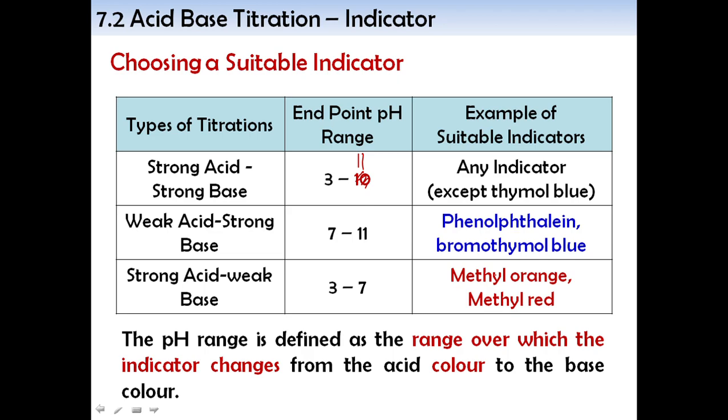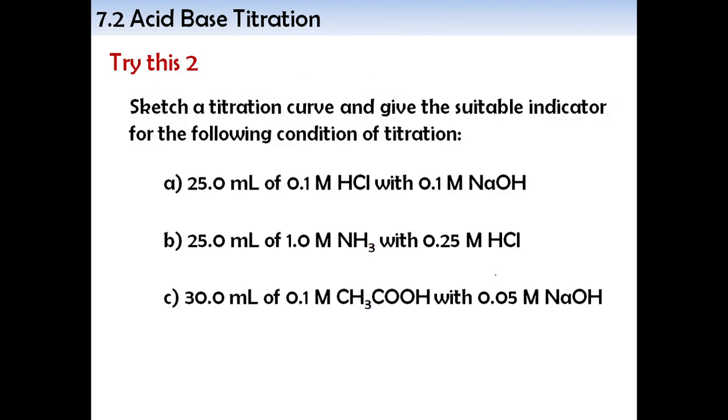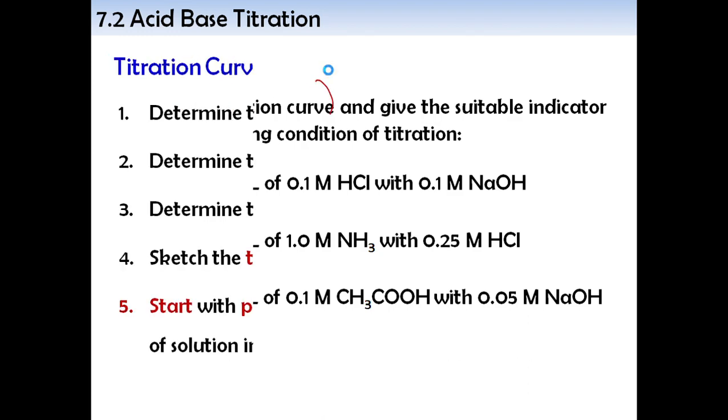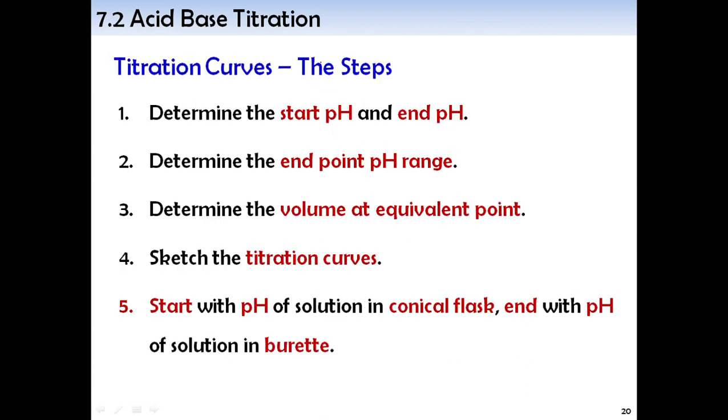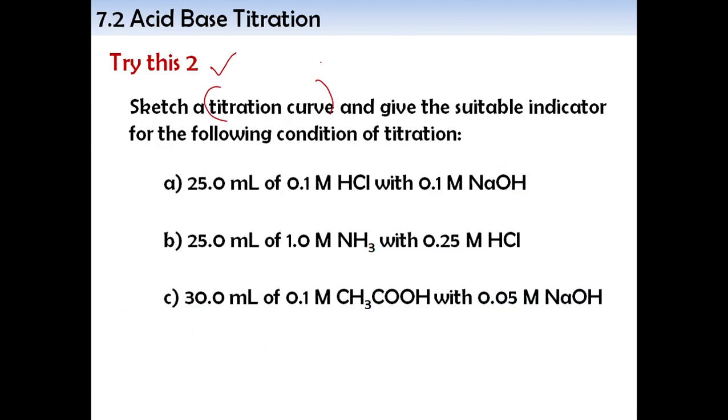Jadi, apa yang tinggal sekarang, kita dah habis semua indikator sudah, titration curve sudah. Awak tinggal dengan soalan. So, tolong buat try this too. So, untuk yang ni, awak kena sketch titration curve. So, please follow this step. Okay, ada step ni yang saya dah ajar tadi. Jadi, sekarang, dan awak kena pilih indicator. Okay, remember, you tak tahu mana satu conical flask, mana satu burette kan?